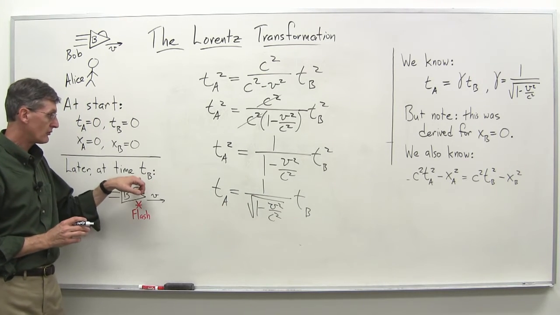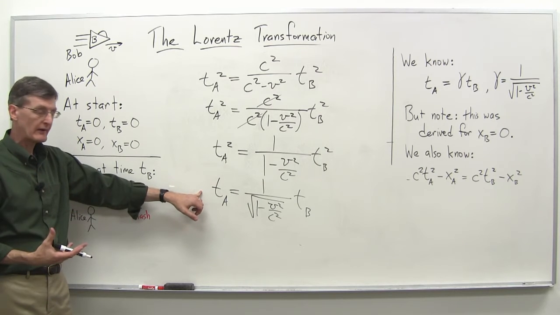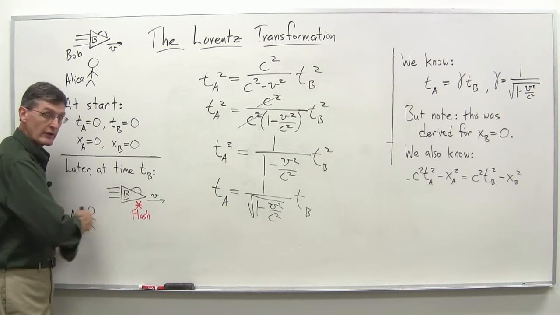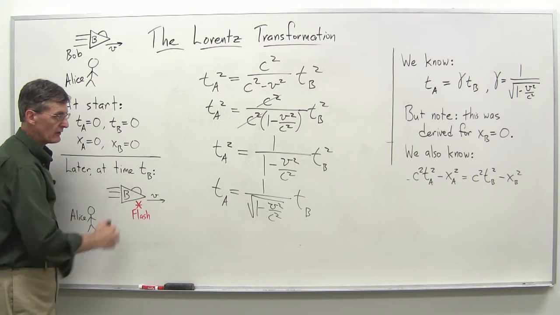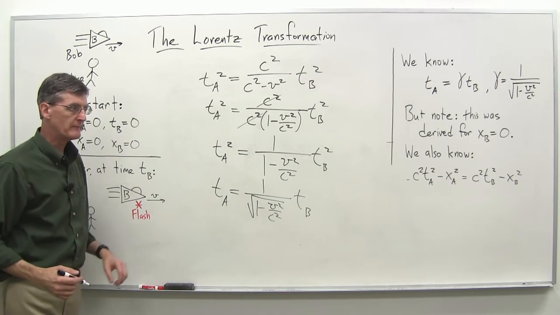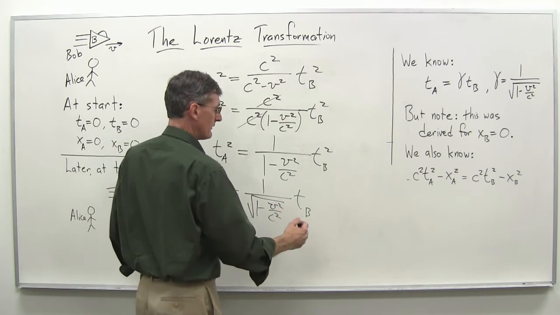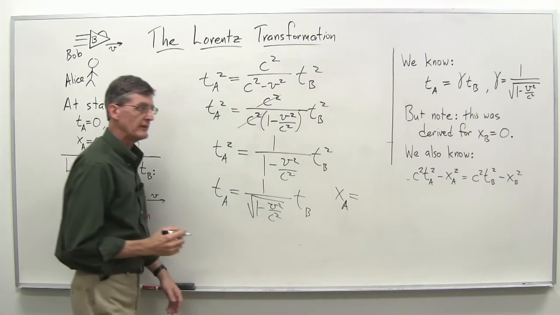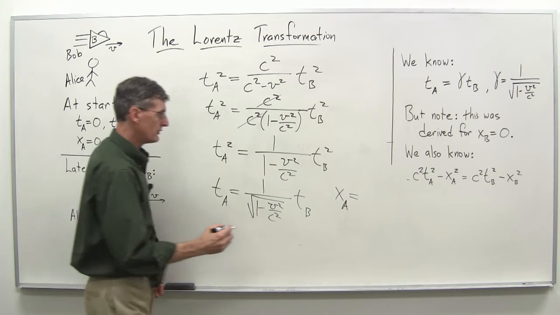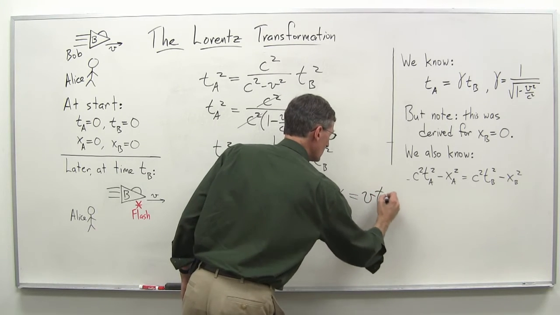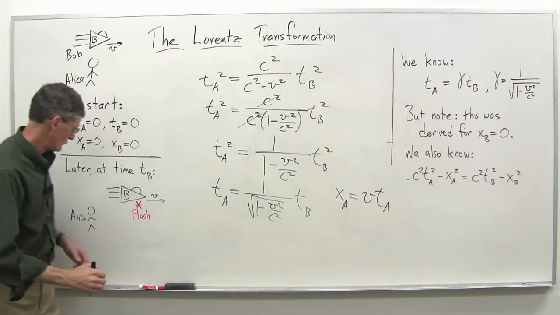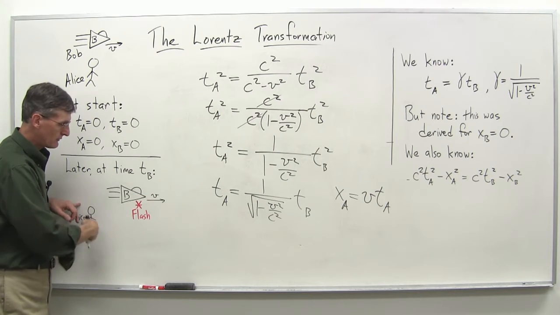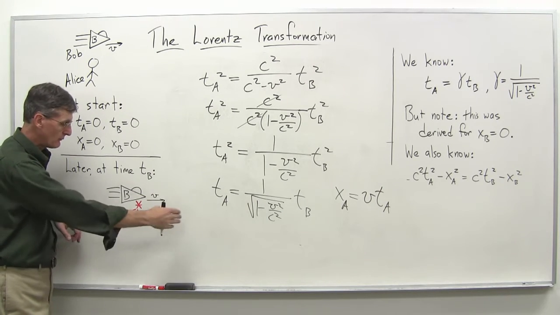So given t sub b, then we know what t sub a is, but what about xa? What's the x location in terms of Alice's lattice? Well, I just erased it a minute ago, but remember we had xa simply equals v times ta. Now it's just the velocity of Bob times the elapsed time on Alice's clock.